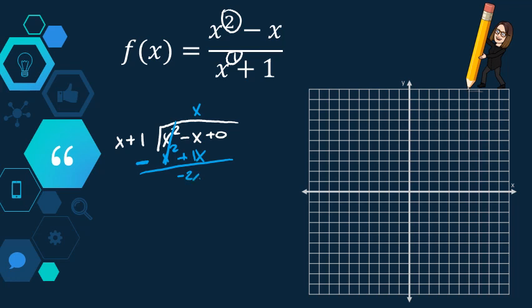So I'm actually at negative 2x plus 0. Then I need a negative 2, which gives me negative 2x, and I end up with a negative 2. If I subtract, I actually end up with a remainder of 2. Okay, so we're worried about the linear part of that solution. All right, so I'm going to graph starting at negative 2, and I have a slope of 1.